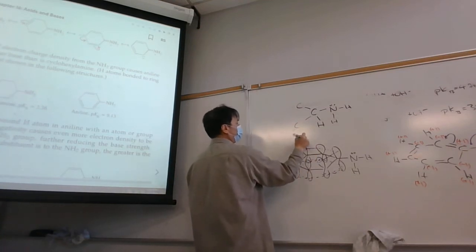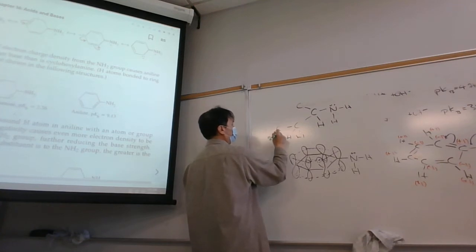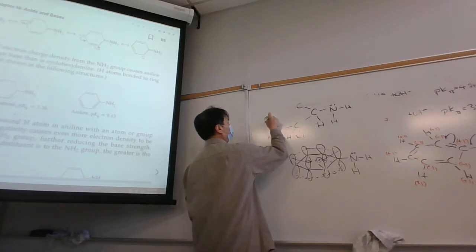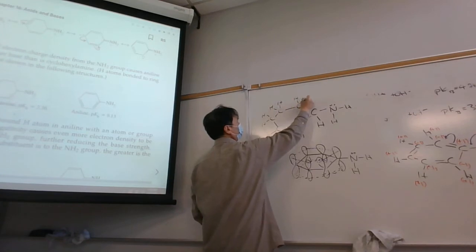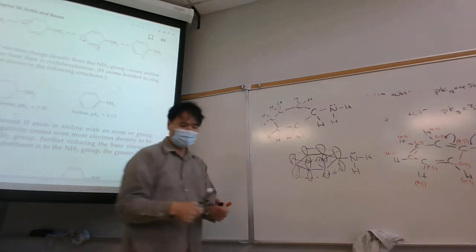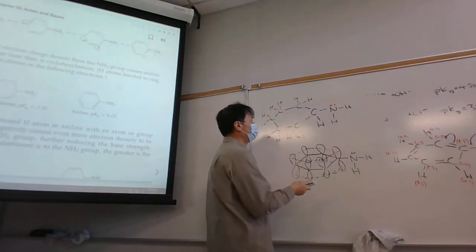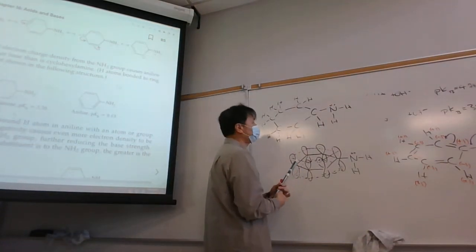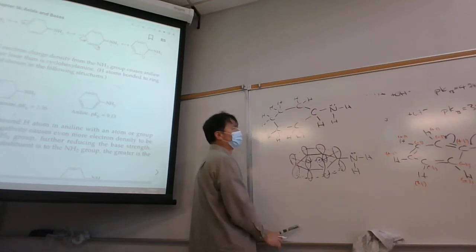So we can just take a quick look at the oxidation states. Okay, tell me the oxidation state on this carbon here. All the formal charges are 0. What's the oxidation state on this carbon? 0.